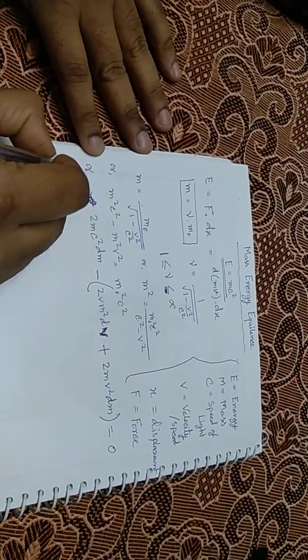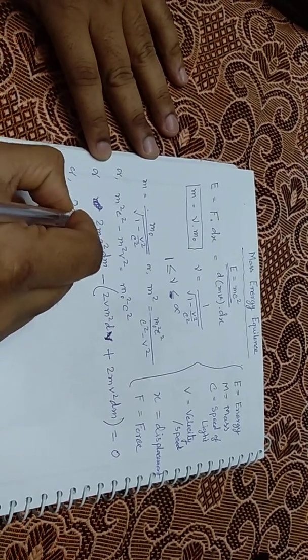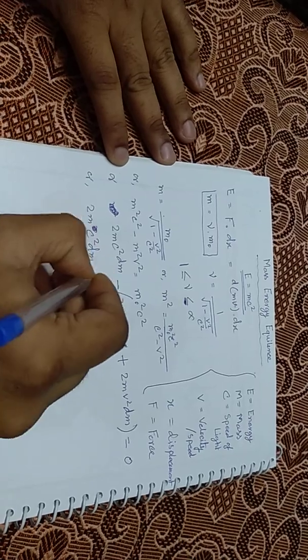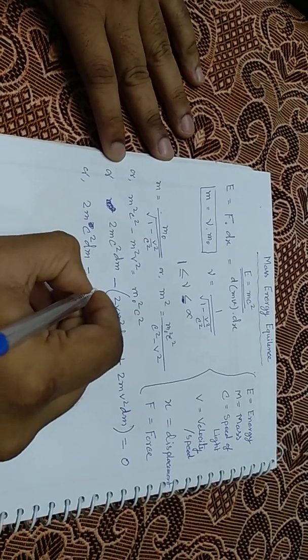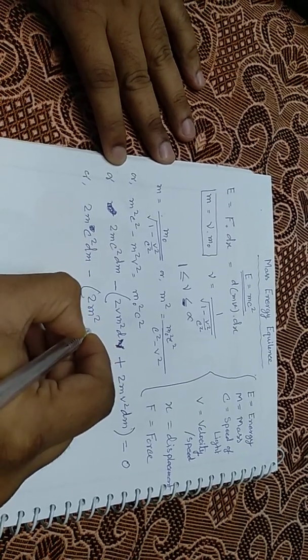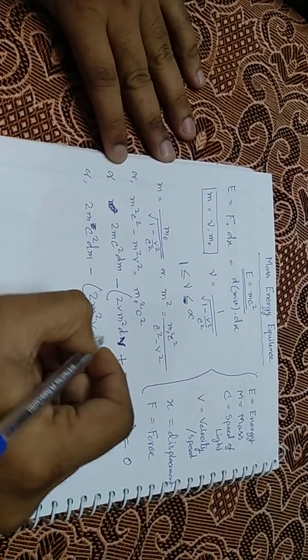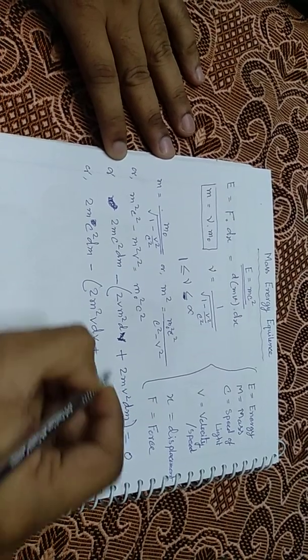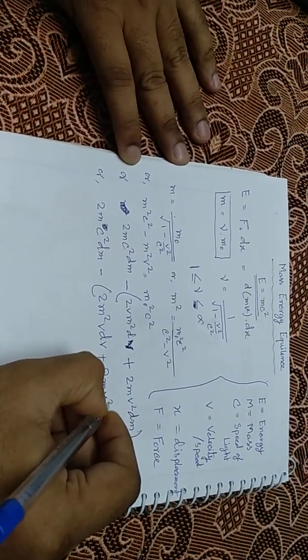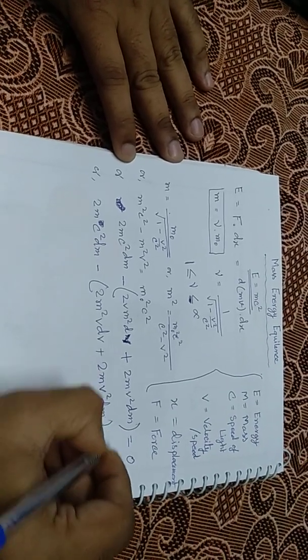So we have 2m c square dm minus 2 m square v dv plus 2m v square dm, that is equal to 0.